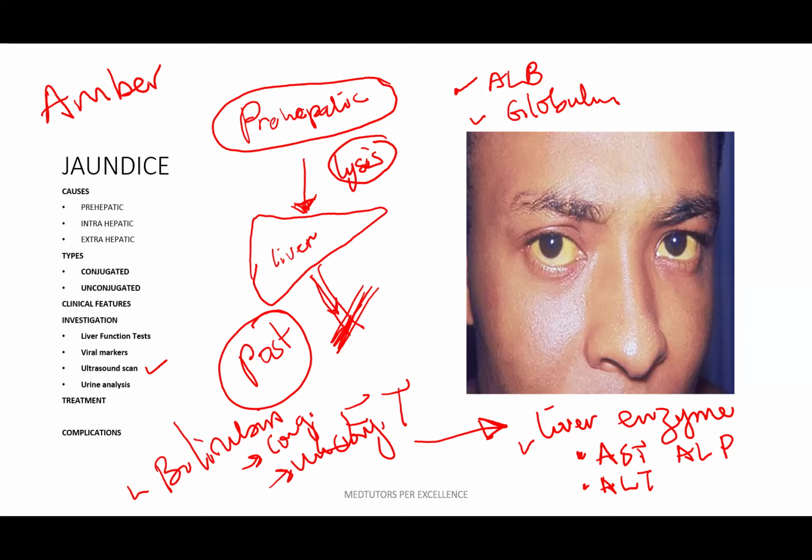Then the next thing you do is dipstick. The urinalysis is done using a dipstick. You see the dipstick when we are describing investigation and interpretation of results. It has different bands of colors, and each indicates what you are assessing.